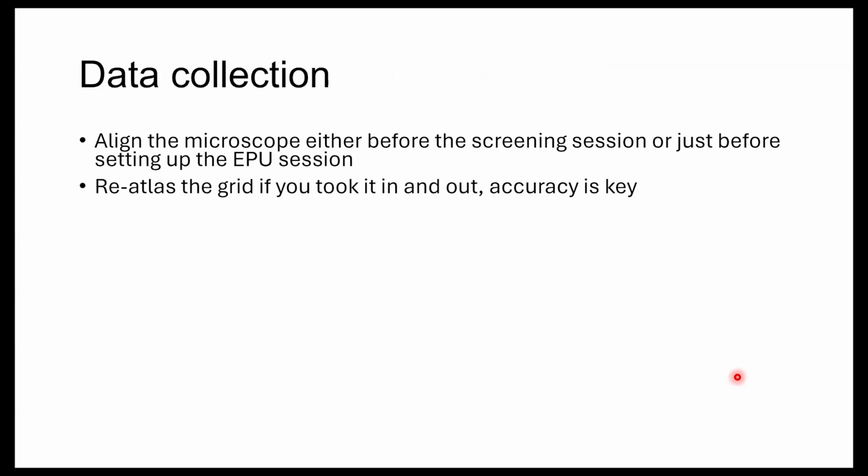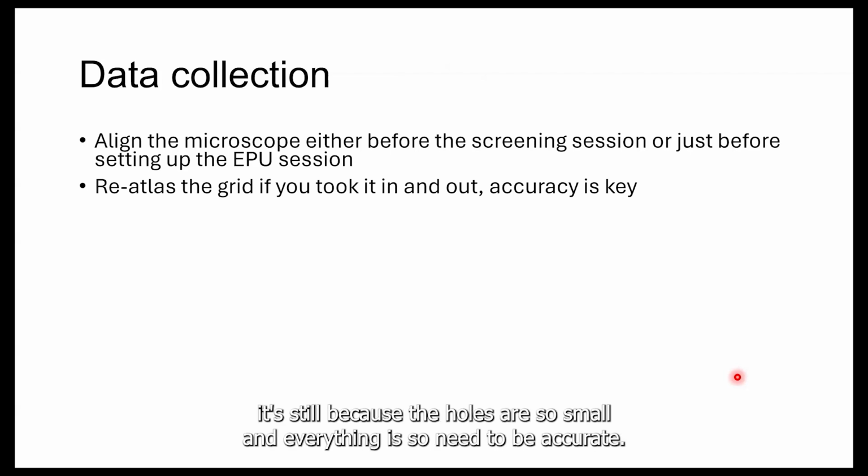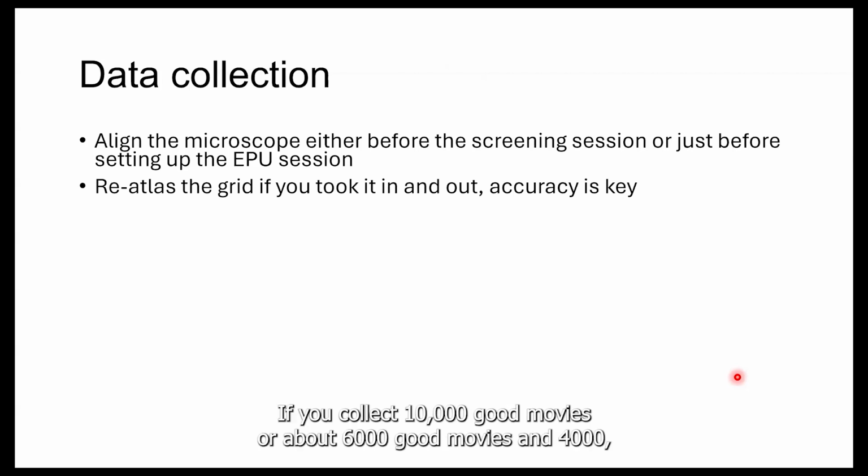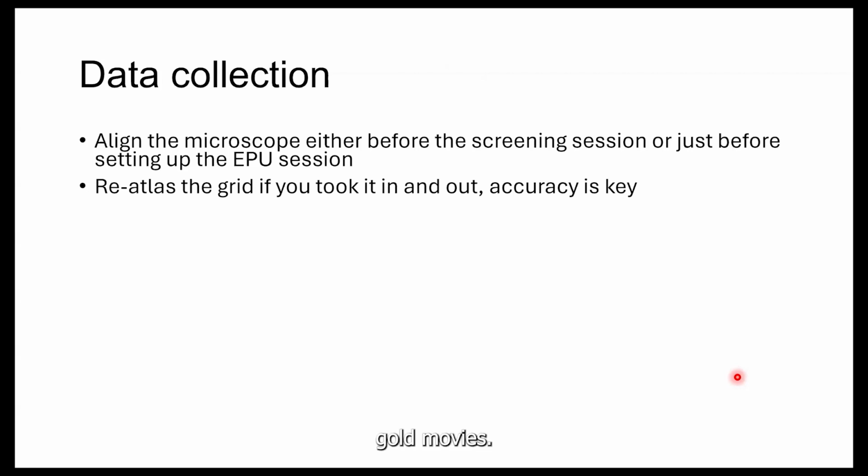It helps. Accuracy is key. Even though EPU has a correction of movement, because the holes are so small, slight movements will be the difference between collecting 10,000 good movies or about 6,000 good movies and 4,000 gold movies.